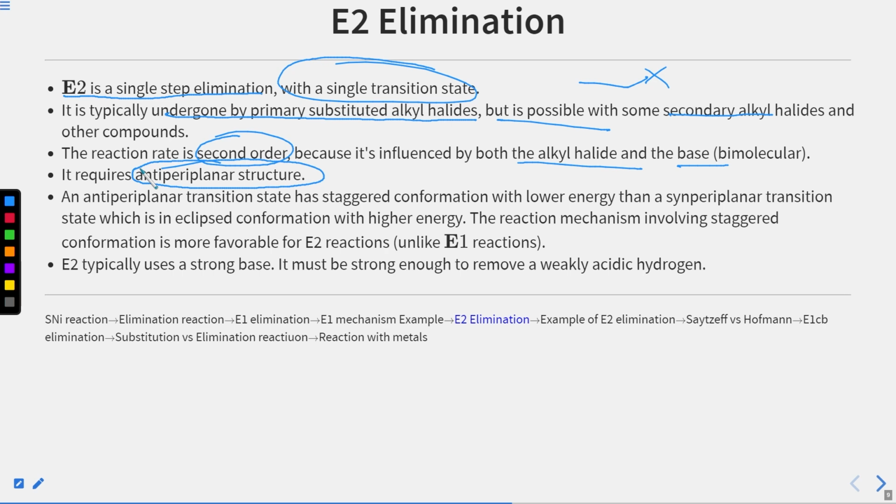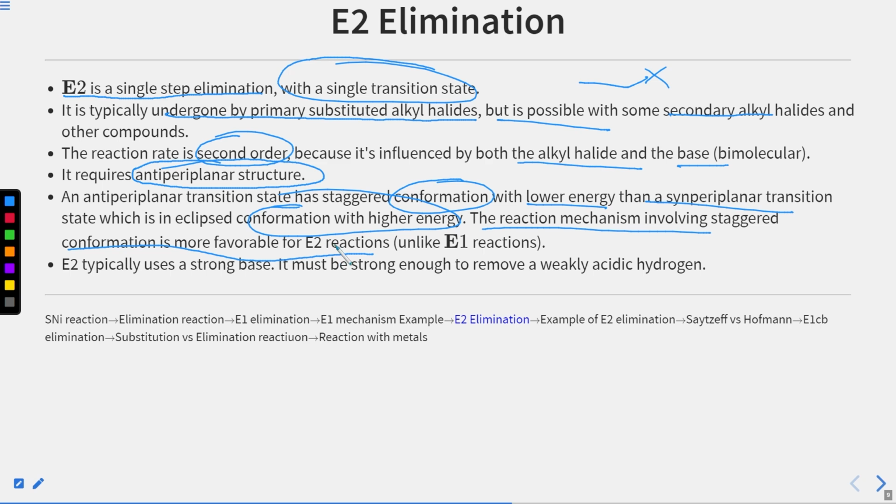An anti-periplanar transition state has a staggered configuration with lower energy than a syn periplanar structure, which is an eclipsed conformation with higher energy.